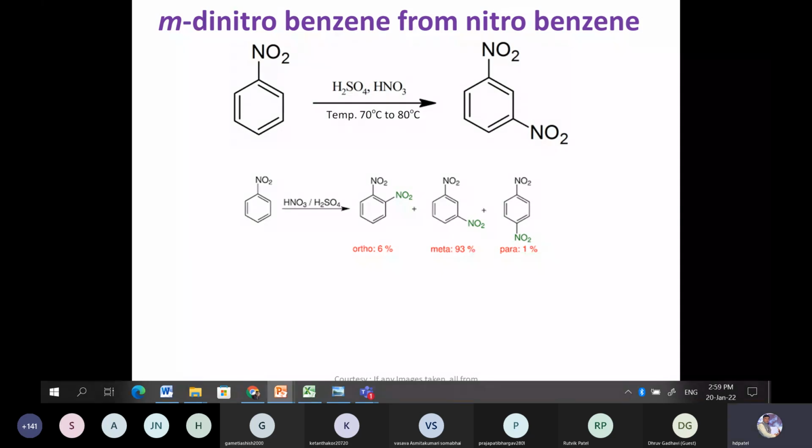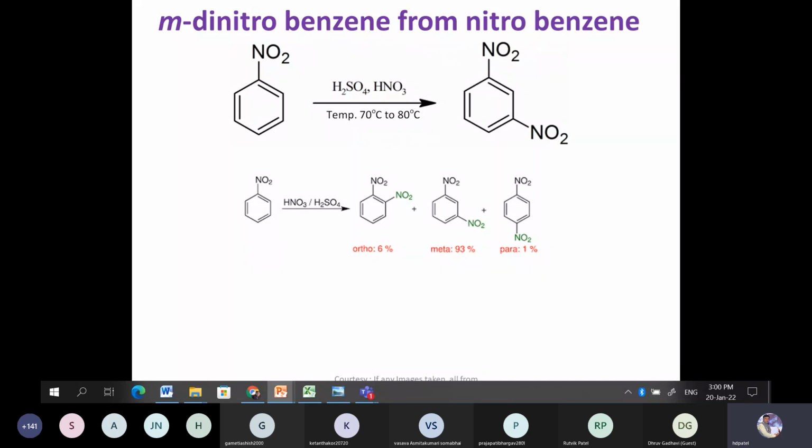But suppose somebody thinks that instead of 80 degrees, if we increase the temperature to about 100 or 120, then can we get the product in a shorter period of time?